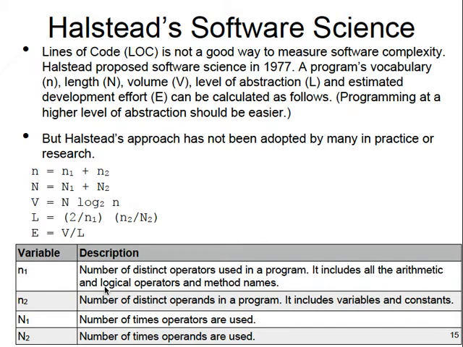Small n1 means the number of distinct operators used in a program. What are they? They are maybe arithmetic operators, logical operators, or method calls. Small n2 is the distinct operands.